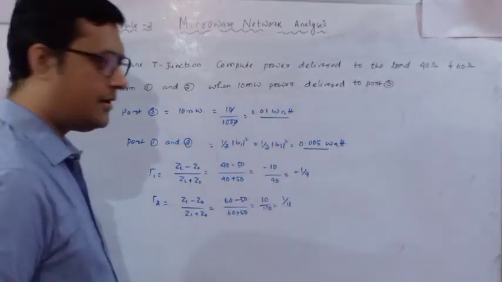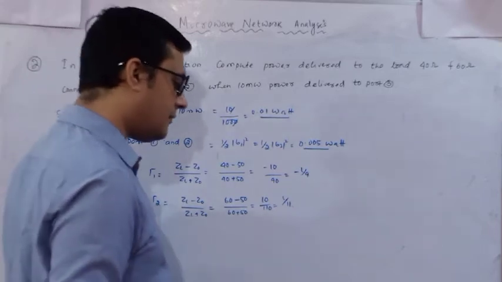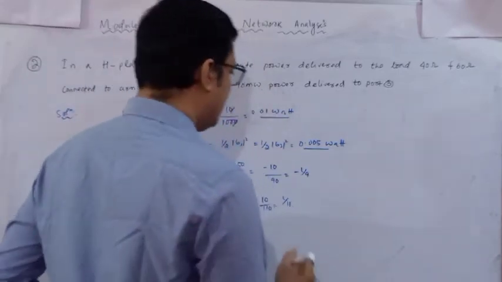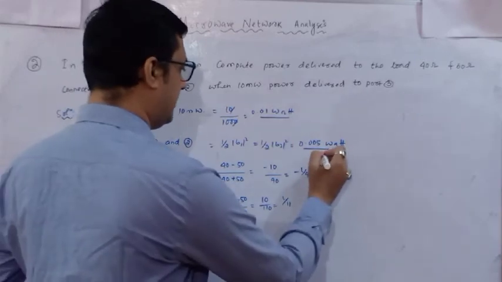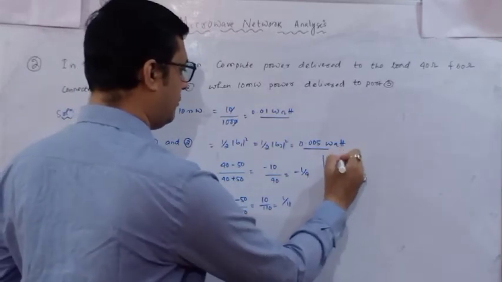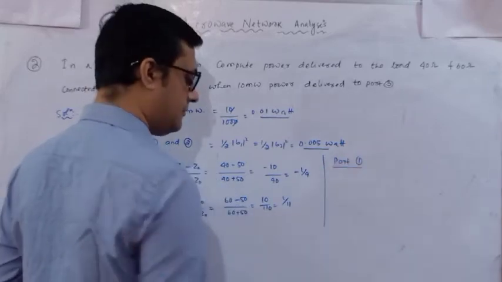Okay. Why I am identifying this particular value, that I will tell. Now, as you can see, we have to look at the power relation with respect to port 1 and port 2. So I am discussing port 1 first. Okay.